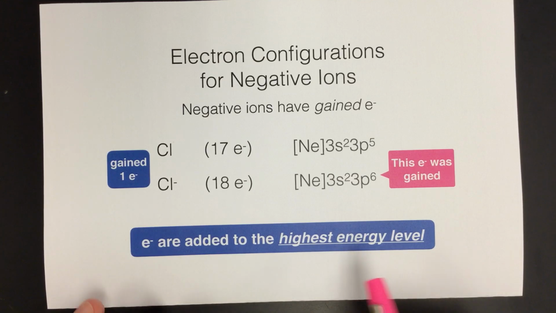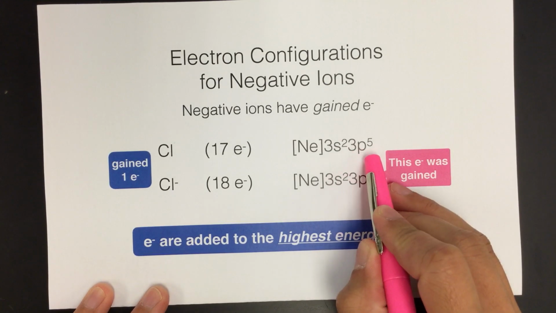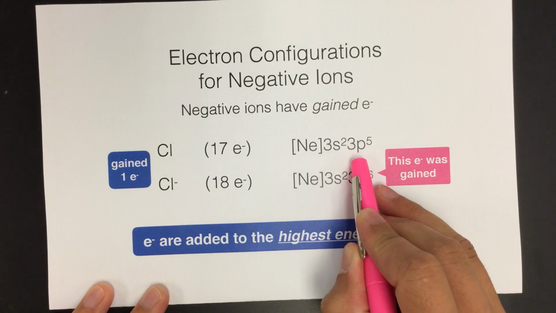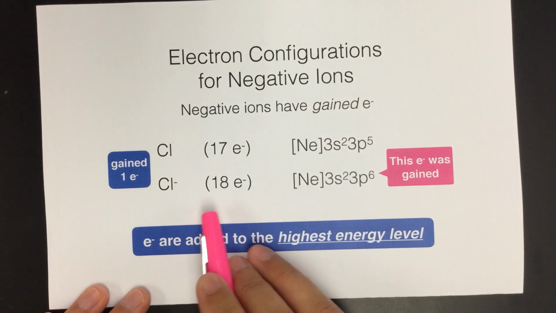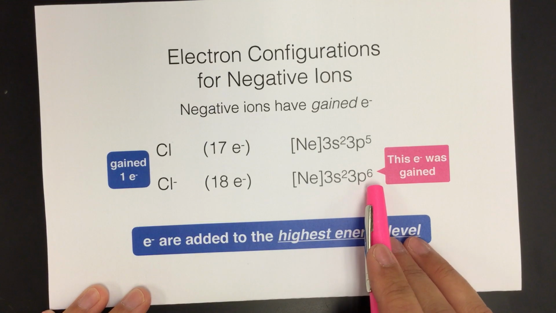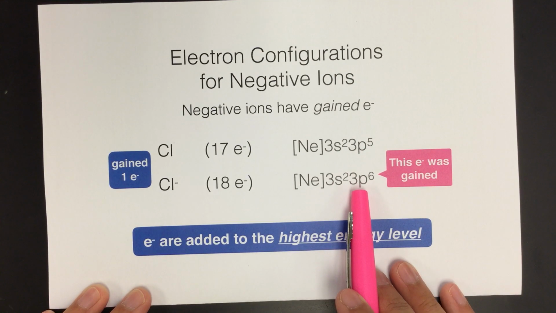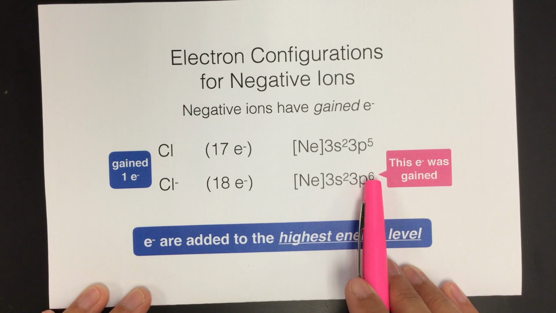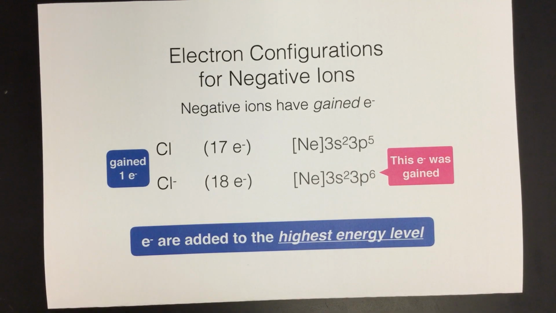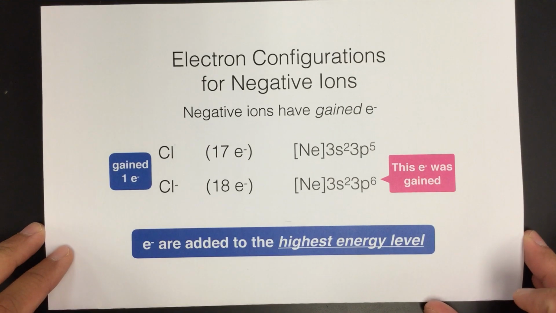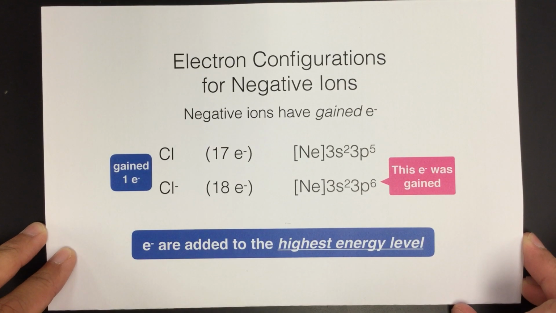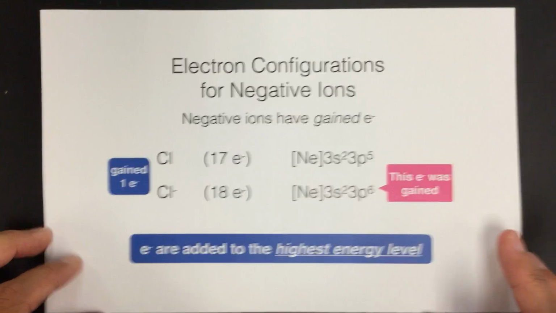So we had 3p5. We know that the p sublevel can hold 6. So if we're adding one electron, we'll just add it to that 3p, and now instead of 3p5, we have 3p6. So that one electron that was added was the electron gained to go from chlorine to the chloride ion. Okay, so for negative ions, it's generally easier, we just throw in those extra electrons.